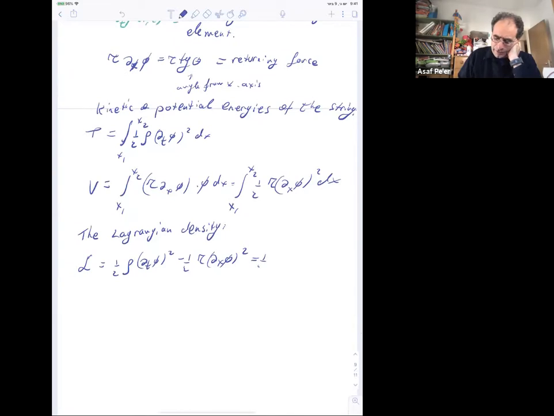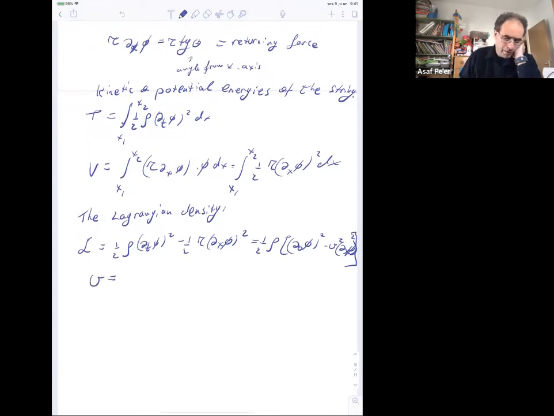So it's 1/2 rho times d0 phi squared minus v squared d1 phi squared. v is just the square root of tau over rho, the tension divided by the mass density. It's not written very well.